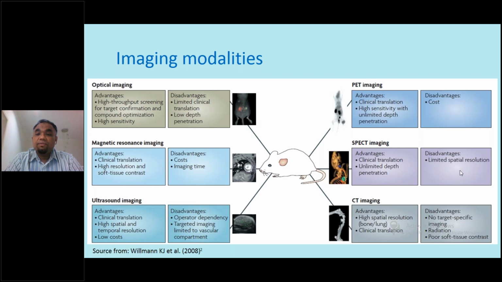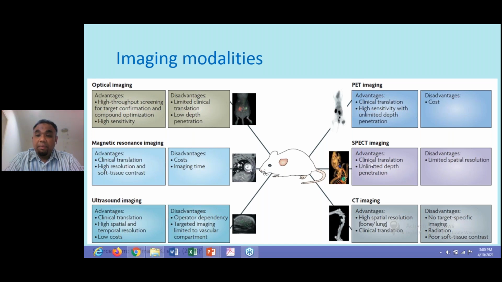I think SPECT is pretty similar to PET, in which the advantage is unlimited depth penetration. However, in terms of image quality, SPECT images have lesser spatial resolution as compared to PET images.